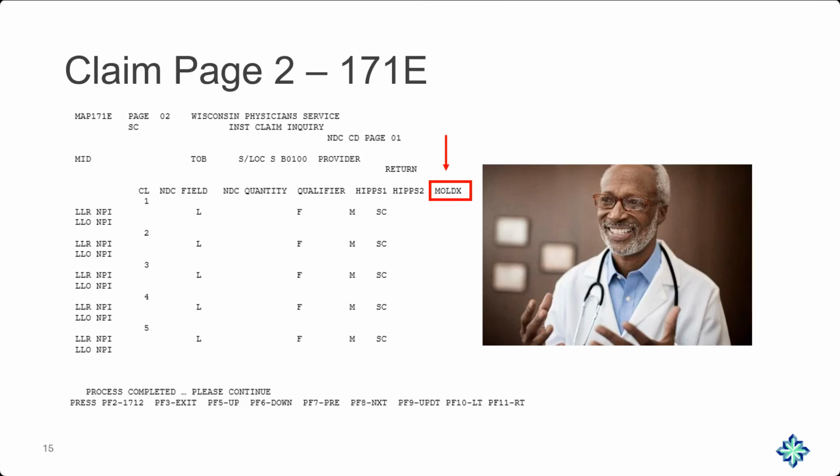You're only going to enter the Z code itself without adding extra characters, spaces, or descriptive test names, because that could cause the claim to be errored out or returned to provider. So I just wanted to point that out. That was a question that was submitted during registration.